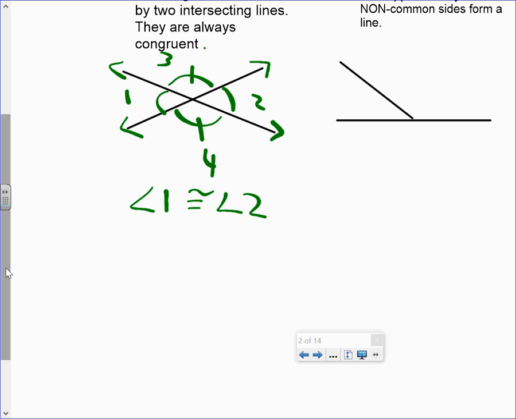We're in the fourth branch right here. And angle 3 is going to be congruent to angle 4 all the time. Remember that congruent symbol? The equal sign with a tilde over it.